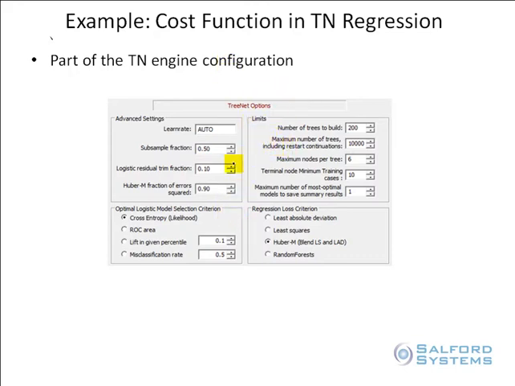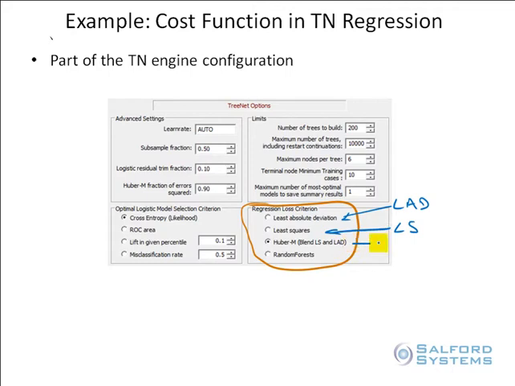And so what happens in this case is if you focus on this part of the display, you'll see that it lists the regression loss criterion. In particular, you have a choice of least absolute deviation. You have another choice of least squares.